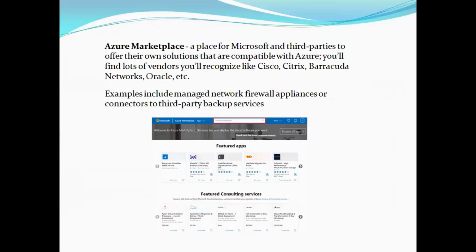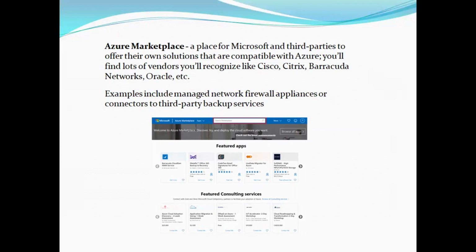Finally, Azure Marketplace, a place for Microsoft and third parties to offer their own solutions that are compatible with Azure. We can find lots of vendors like Cisco and Citrix and so on. Examples include managed network firewall appliances and connectors to third-party backup services.